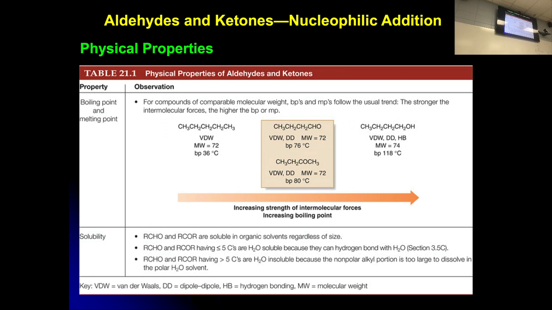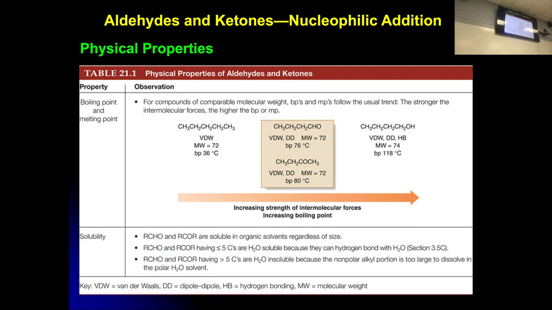They can form dipole-dipole interactions, but they can't form hydrogen bonds with each other because there's not a hydrogen on the oxygen. Now they can hydrogen bond with water, but we're talking about pure substances here, so they can't hydrogen bond like alcohols can. So you'll see the difference in boiling point there, right? If you go from the alkane that boils around 36 degrees, the aldehyde and the ketone are going to be around 78, 80 degrees if you average those two, and then the alcohols, which are well over 100 degrees, okay?